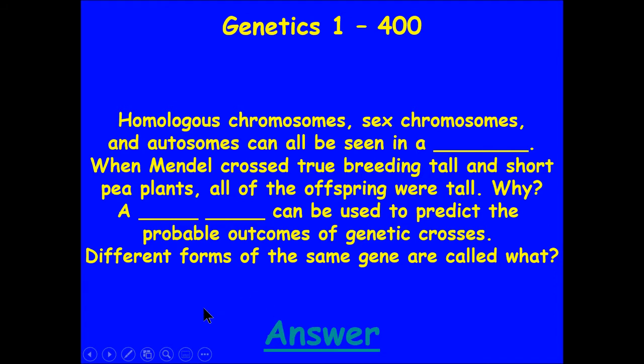Homologous chromosomes, sex chromosomes, and autosomes can all be seen in a what? When Mendel crossed true breeding tall and short pea plants, all the offspring were tall. Why was this? So true breeding means big T times little t. And a blank blank can be used to predict the probable outcomes of genetic crosses.